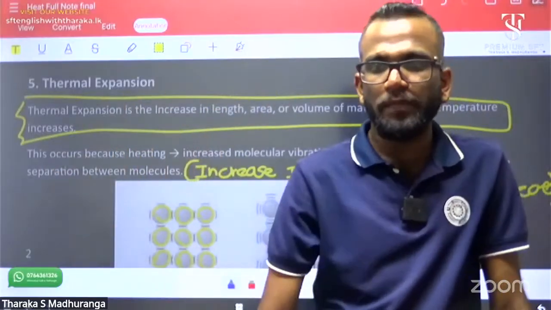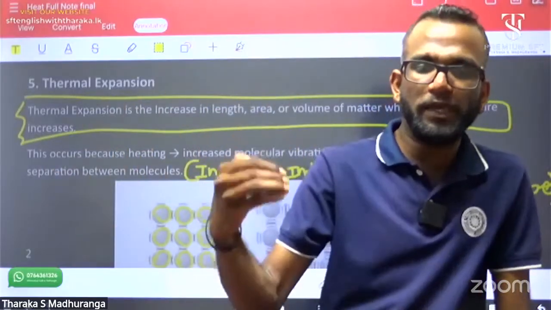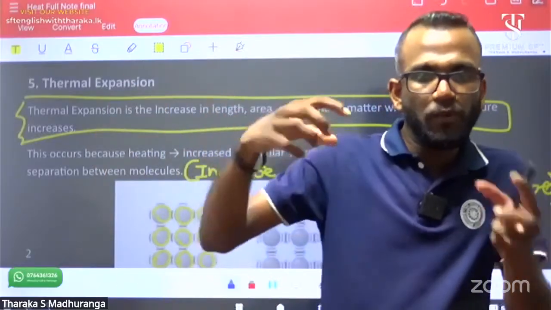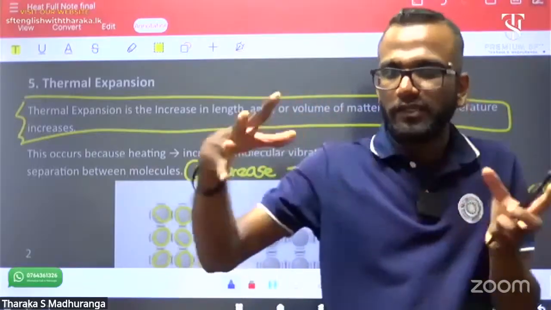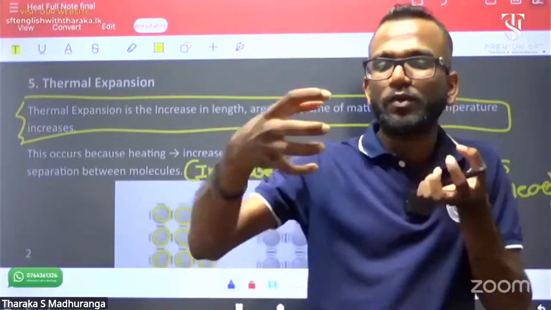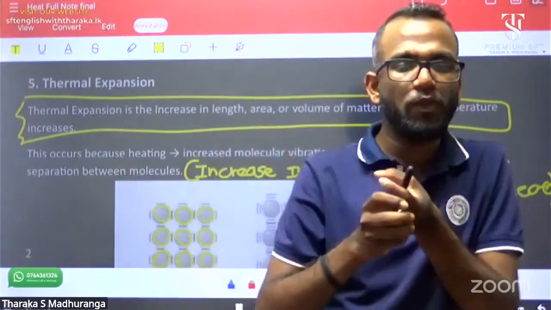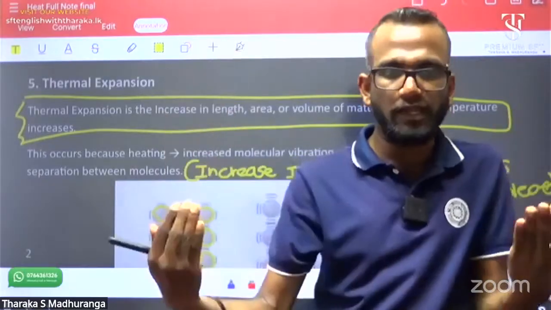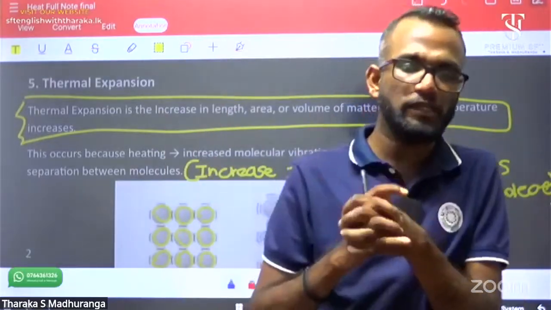Therefore, this absorbed heat energy converts into molecule kinetic energy. Due to this, their vibrations increase, and the spaces between molecules increase. That's why the size of any substance increases. That's the meaning of thermal expansion.